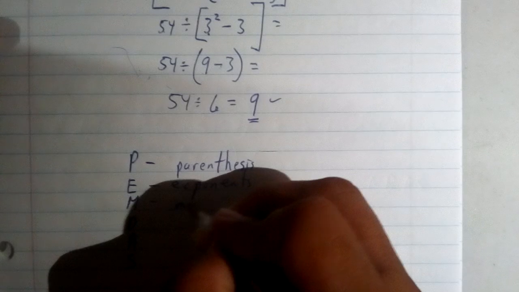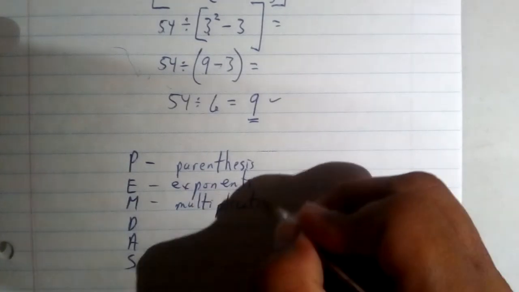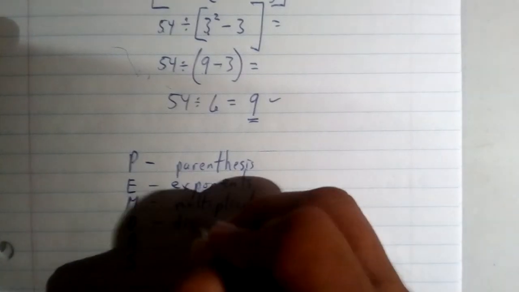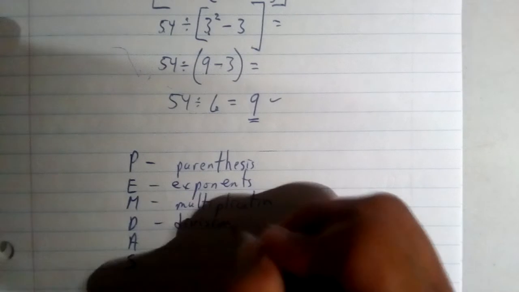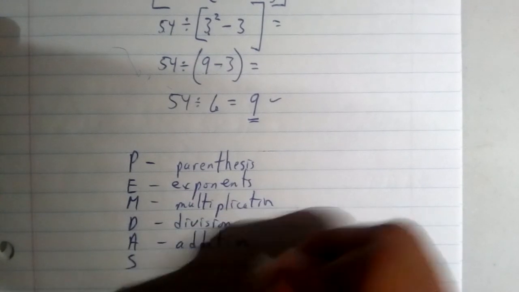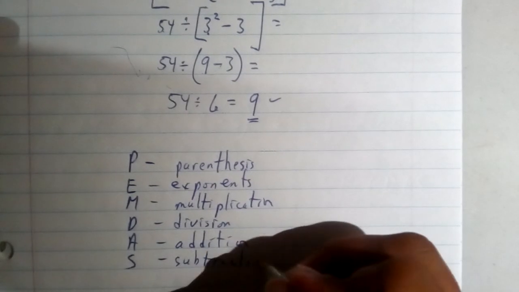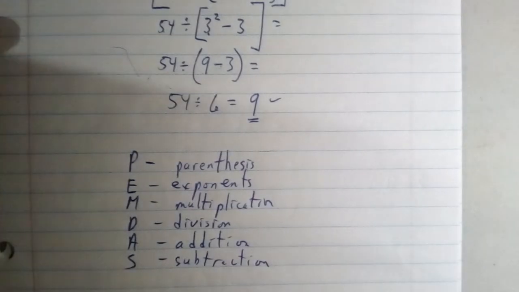Then you do multiplication. Then you do division. Then addition, and then subtraction. And the order of operations says that you need to work it from left to right. So that's how you work these problems here.